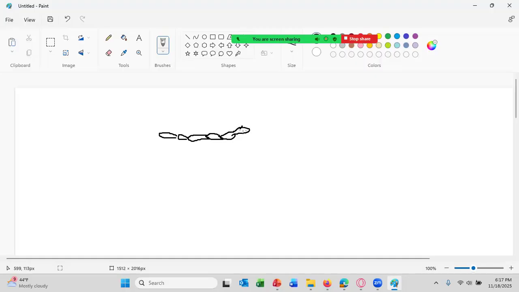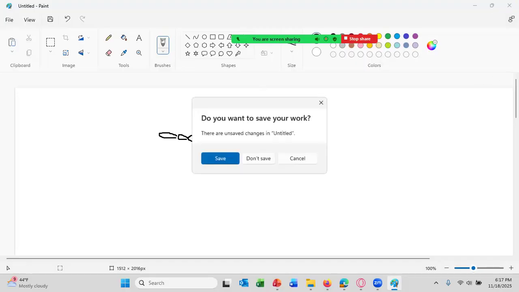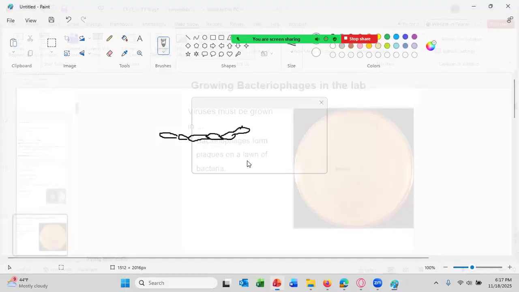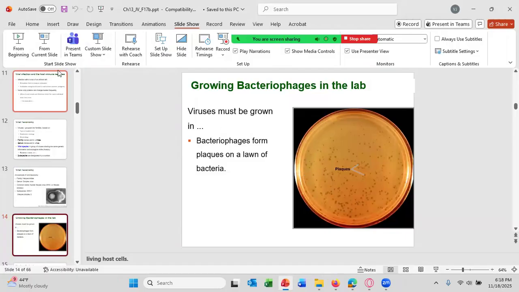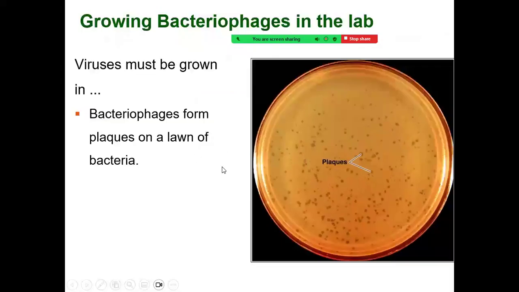Now that's touching, and so the virus can infect that cell and then cause the cell to replicate the virus, causing this cycle of the viruses to lyse the cell and then growing into a plaque. And that could be a reason why some of these plaques are smaller than other plaques, like that plaque there, that plaque there. They're smaller than these plaques here.